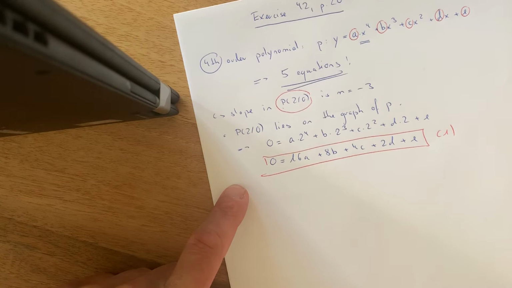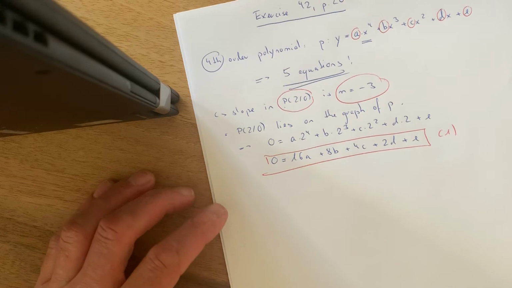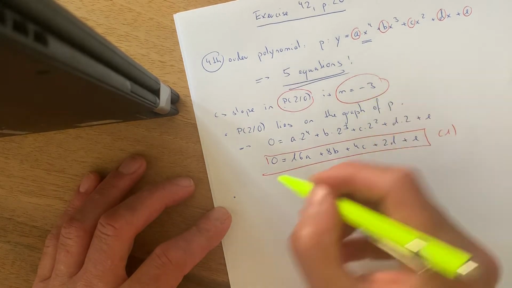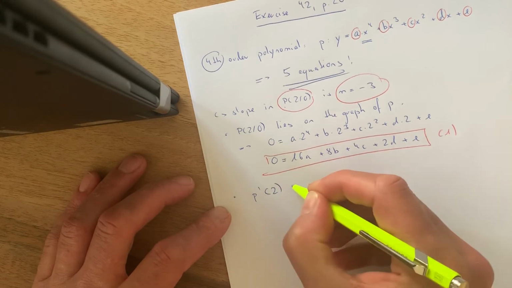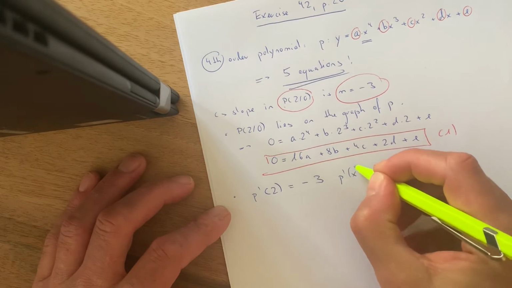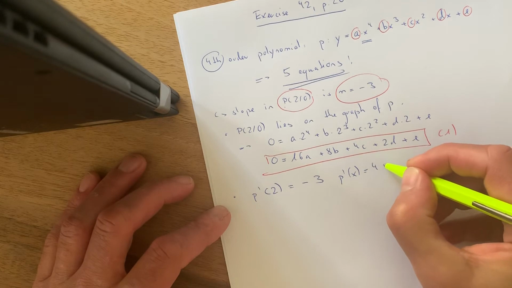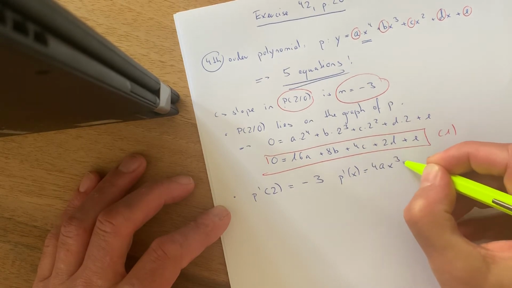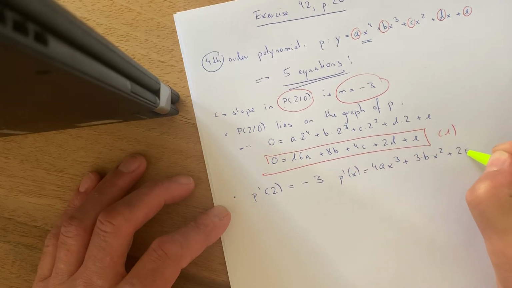So in addition, we have the slope. Slope, well, the slope is the derivative. So the slope is the derivative at point 2, and this is going to be -3. So let us quickly consider the derivative. That's no problem. Taking the derivative of p leads to 4 times a times x to the power of 3 plus 3 times b times x squared plus 2 times c times x plus d.